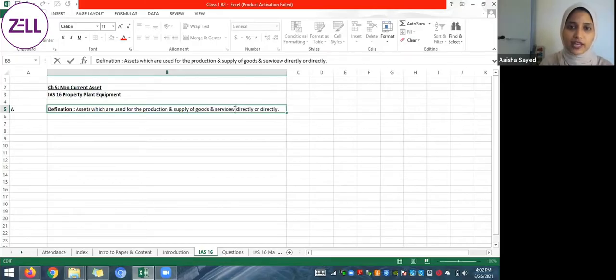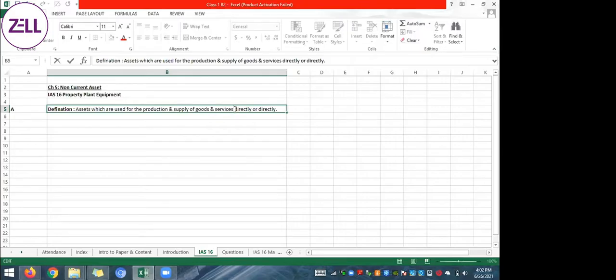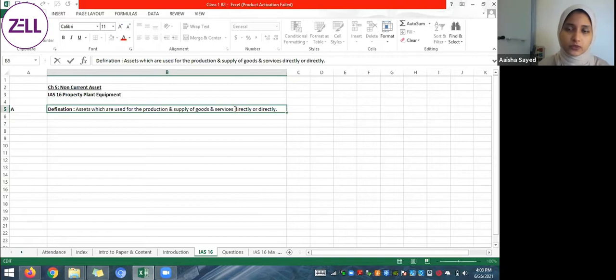But imagine HP. HP is the company that manufactures laptops. For HP, will that laptop be an item of property, plant and equipment? No, ma'am, it will be inventory for them. Yes, for them it will be inventory, the core item with which it trades.